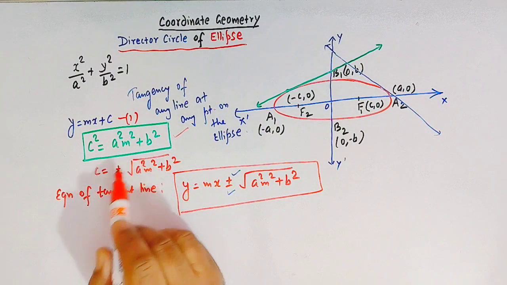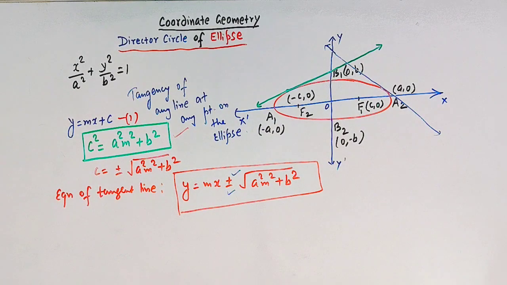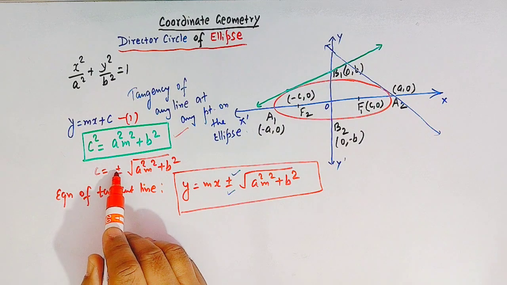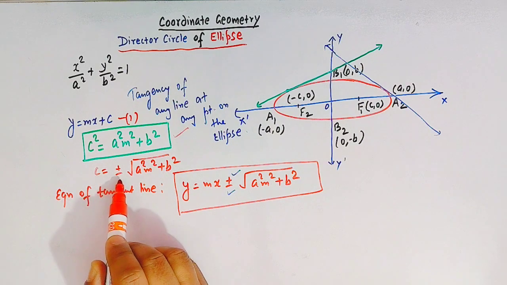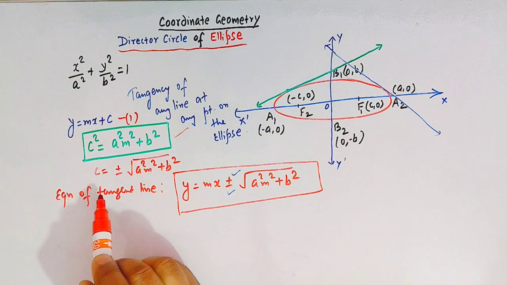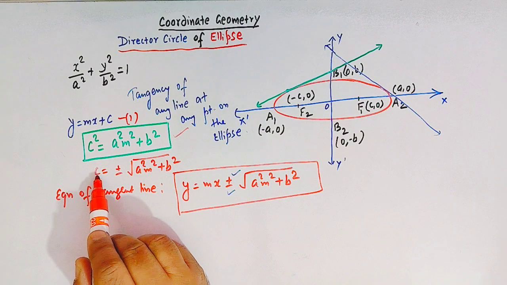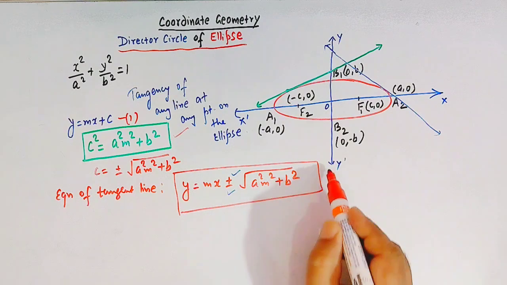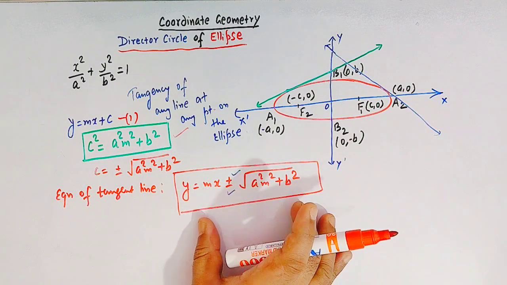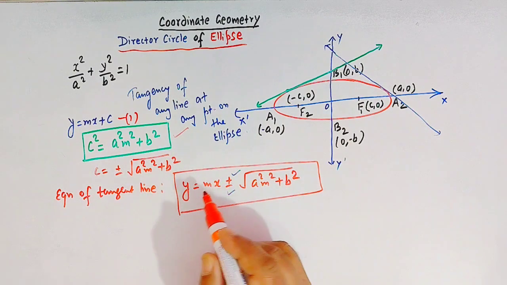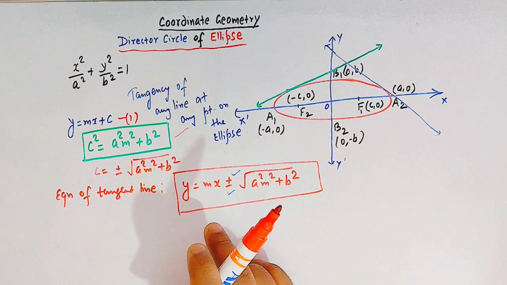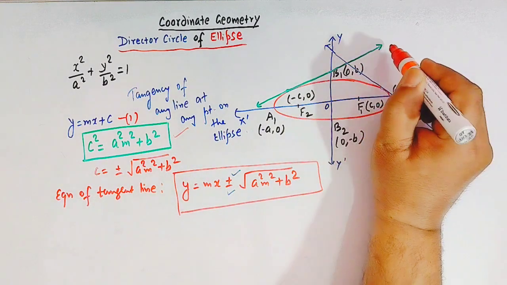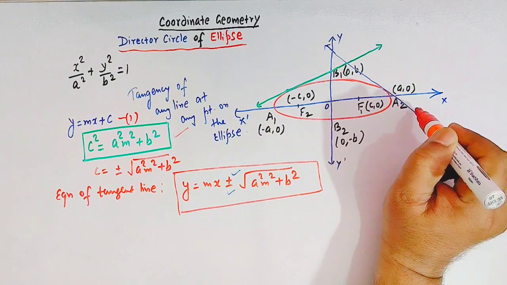From here we have got two values of c, one corresponding to the positive value and the other to the negative value. When we substitute this value of c in equation 1, we get this equation, the equation of the tangent line. So from here we have got two tangent lines, the first one and the second one.